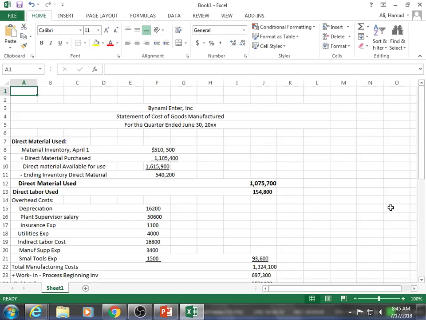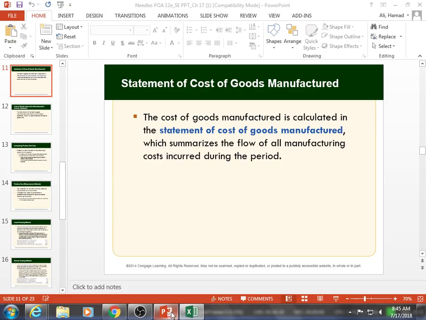Now, let me go for a second to the slides. The cost of goods manufactured is calculated in the statement of cost of goods manufactured, the one we just did. It summarizes the flow of manufacturing costs incurred during the period.